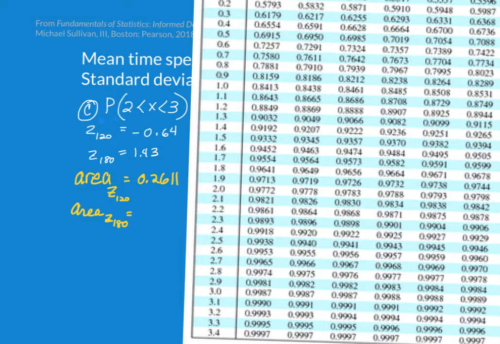Now we are looking for the area underneath the curve and to the left of the z-score of 1.43. So there's 1.4, there's 1.40, 1.41, 1.42, 1.43. So that is 0.9236, the area under the curve to the left of 1.43.